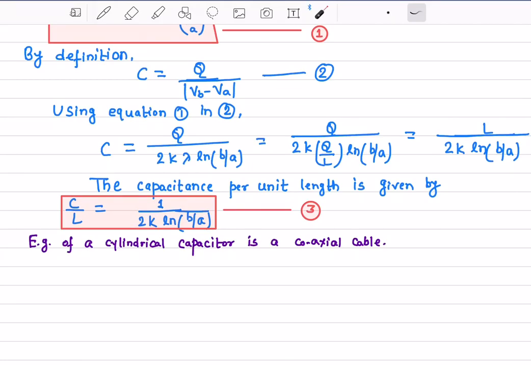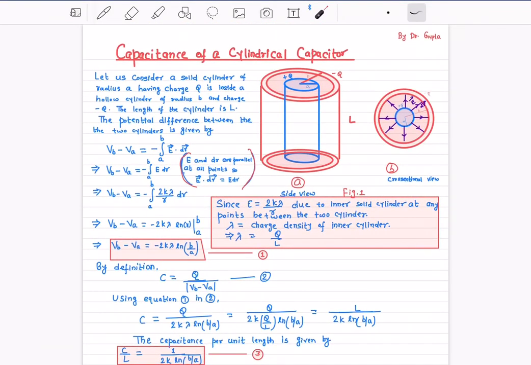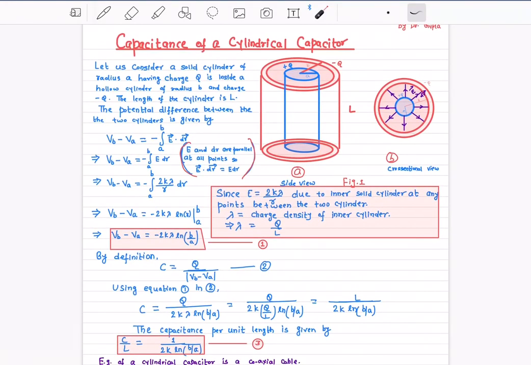At your home, you use the coaxial cable, mostly for the TV connection, and sometimes for data transmission. The coaxial cable is actually a cylindrical capacitor. So that's how we find the capacitance of a cylindrical object.